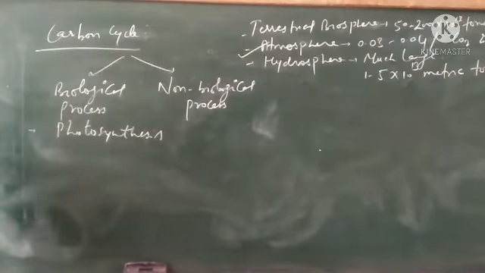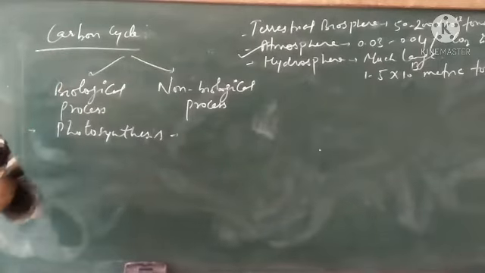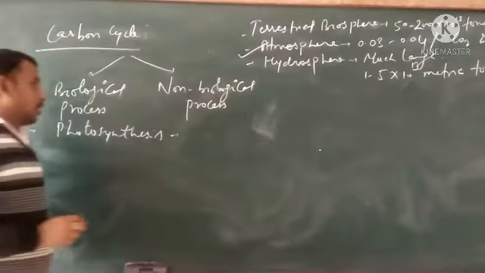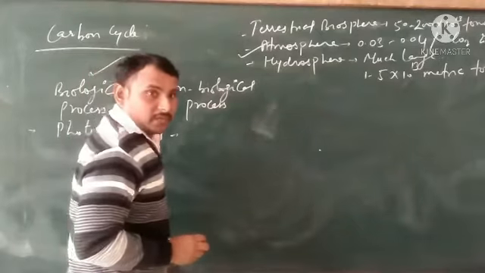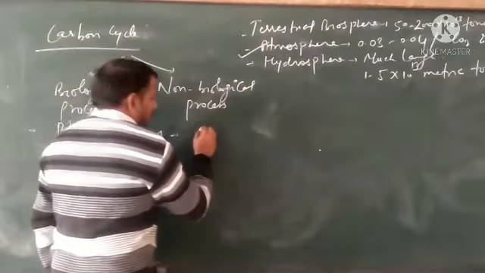This is the process by which living organisms fix atmospheric CO2 for making their food in the form of glucose.